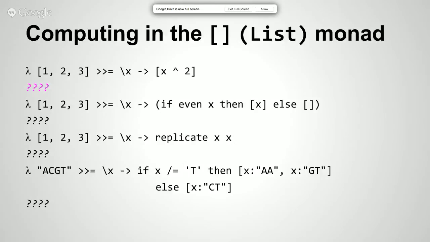What do you guys expect from this one? We have 1, 2, 3, and we're binding it into x to the one element list x squared. Remember that what concatMap does is it maps the function and then it concats.